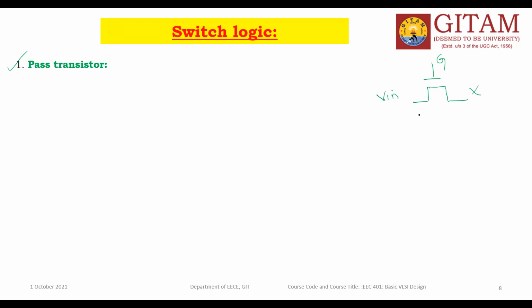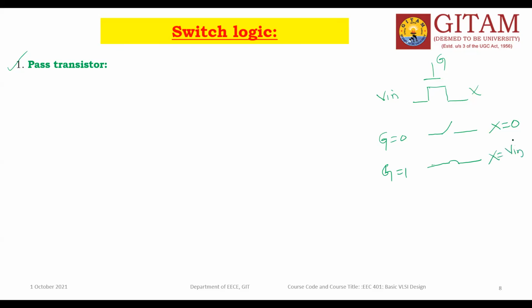Now whenever G is equal to 0, the switch is open. The switch is looking like this. Open, so X is equal to 0. When G is equal to 1, because of the NMOS transistor case, the switch is closed, and X is equal to V in.